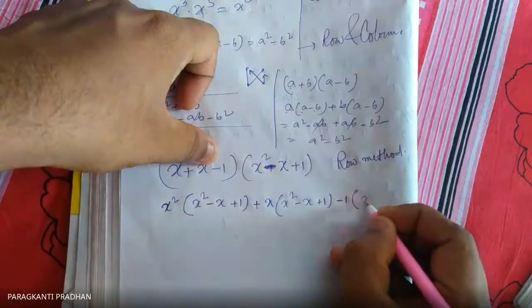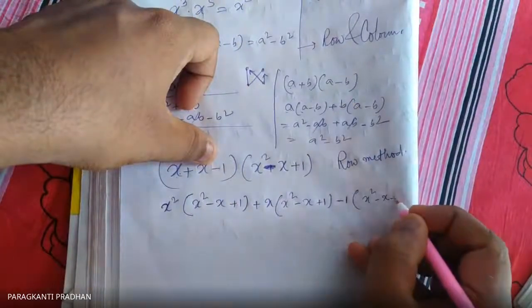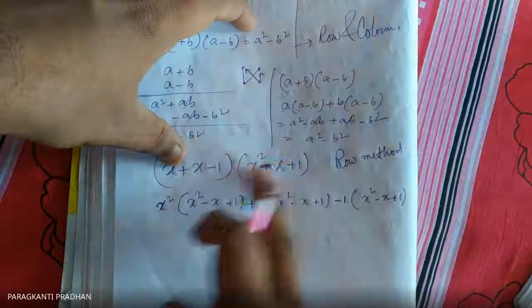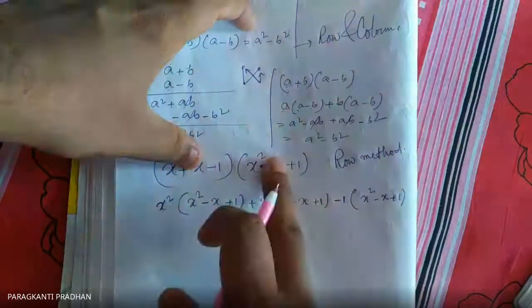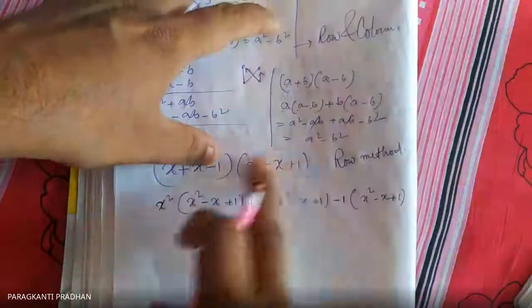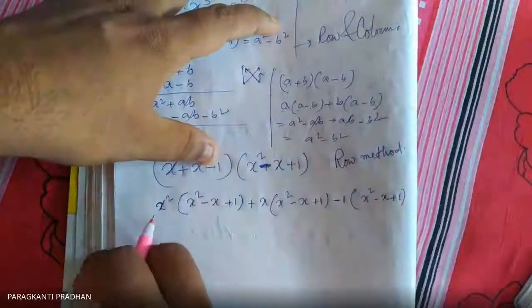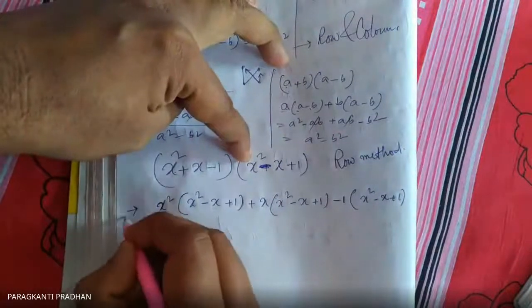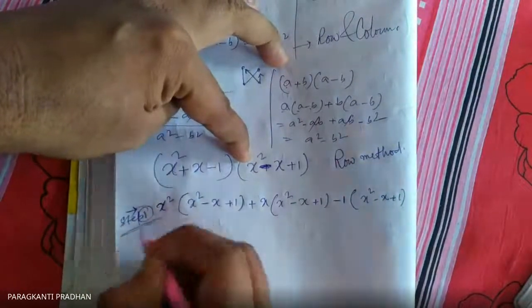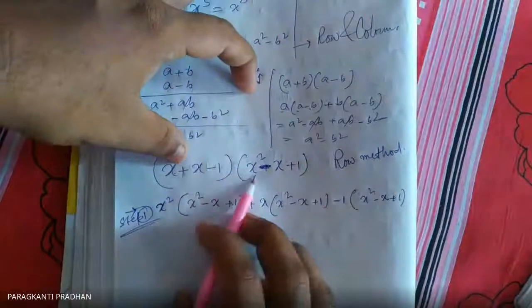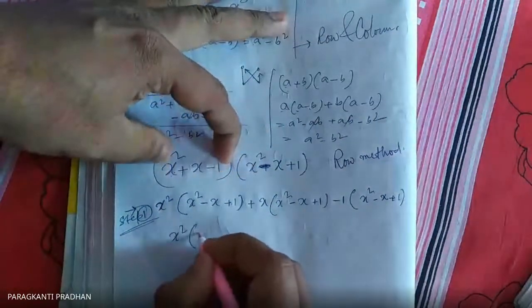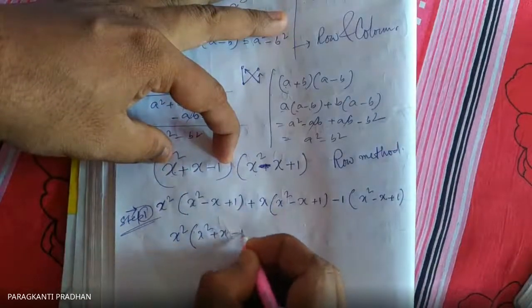Now we are multiplying minus 1 into x square minus x plus 1. Here x square into this plus x into this and then minus 1 into this, or you can multiply it another way. This is step 1, and you can multiply this x square, this into the whole of this first trinomial, x square plus x minus 1.